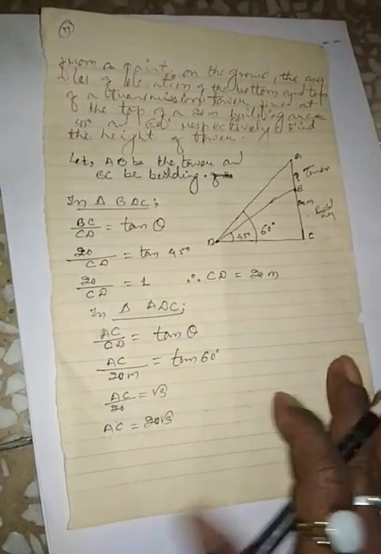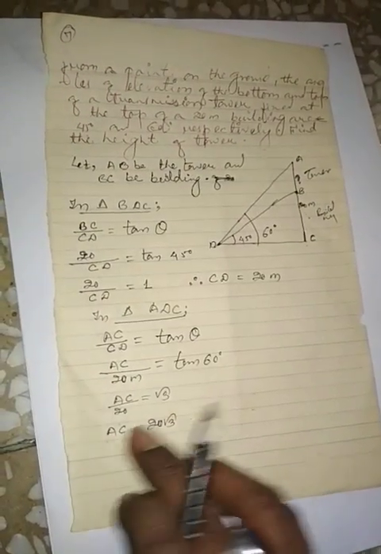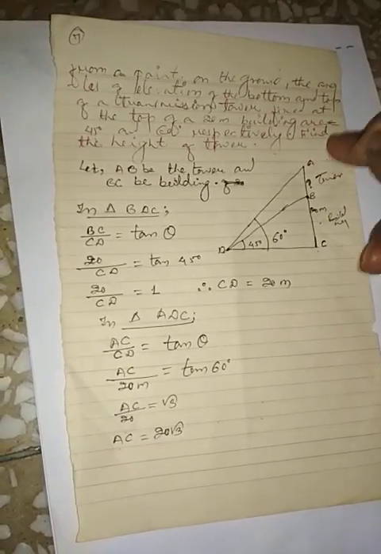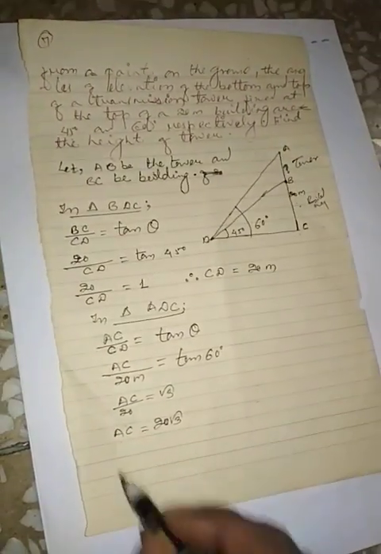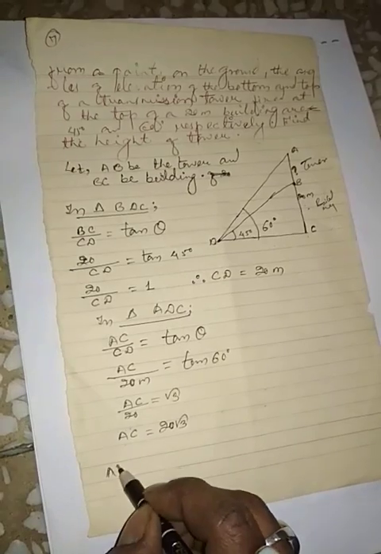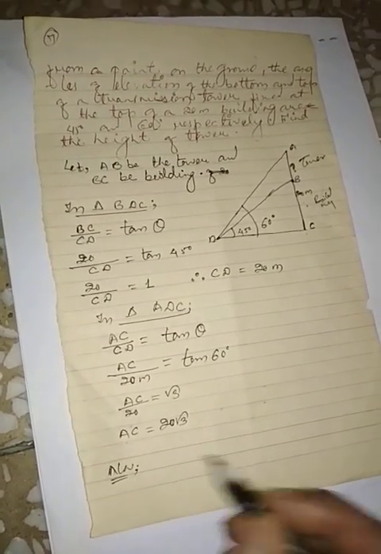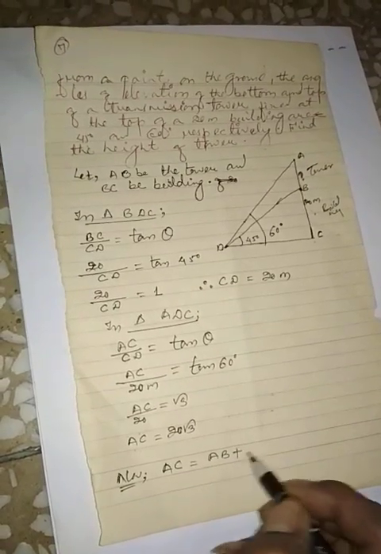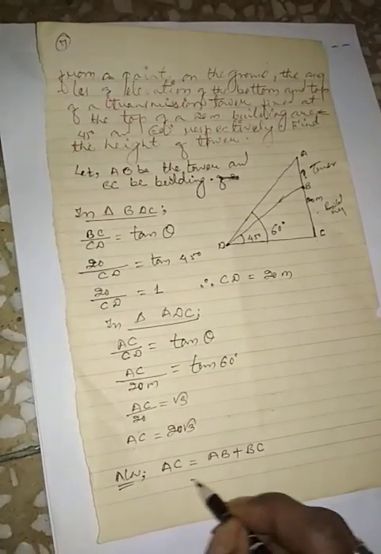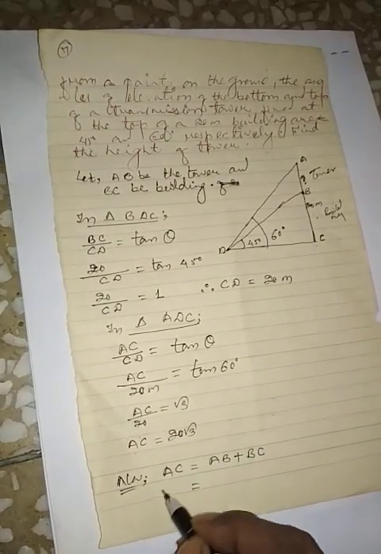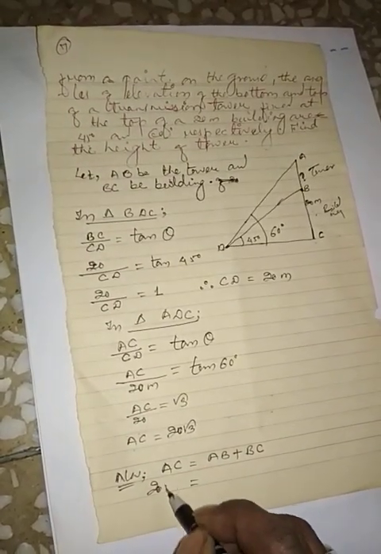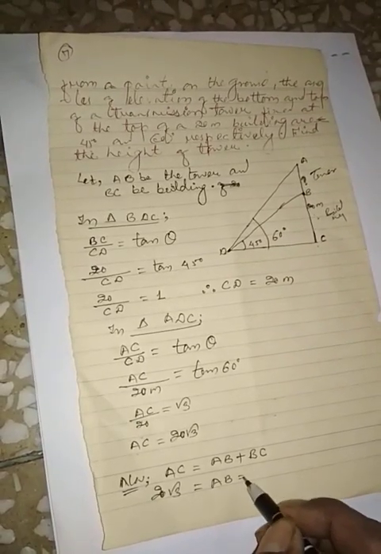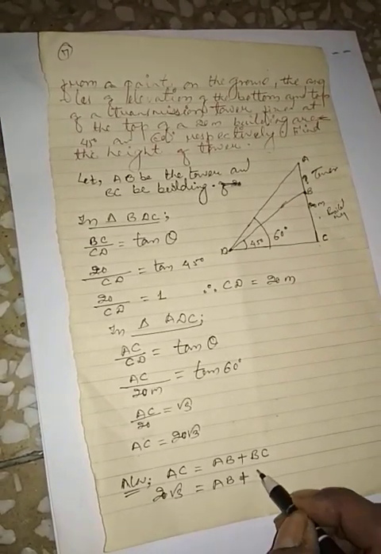So now moving forward, we have taken out AC, but the AC is the combination of AB and BC, wherein we have to take out AB only. So we shall write here now AC means AB plus BC. So AC means 20 under root 3, AB means you have to take out, tower, plus BC means 20.